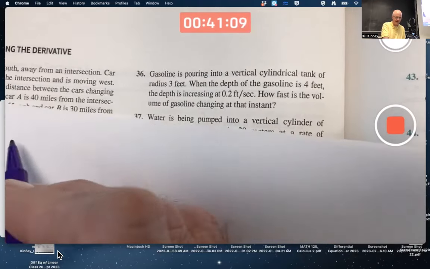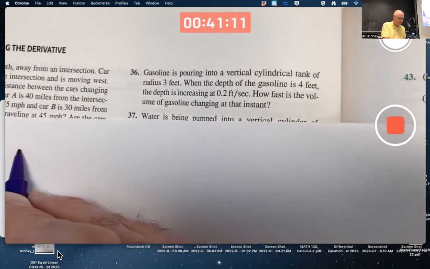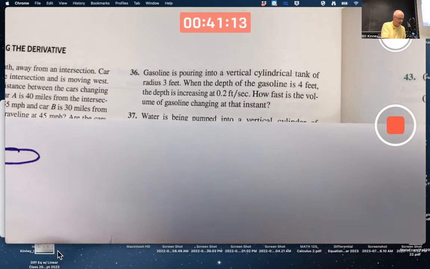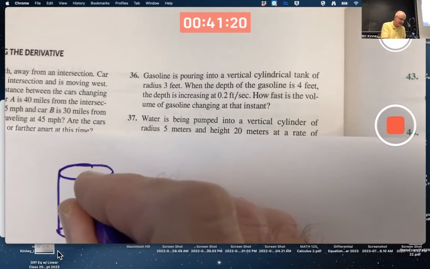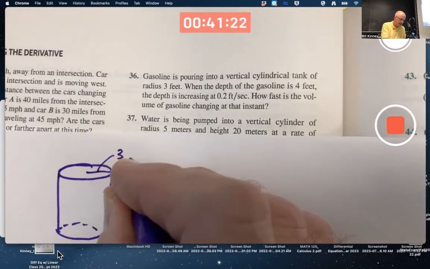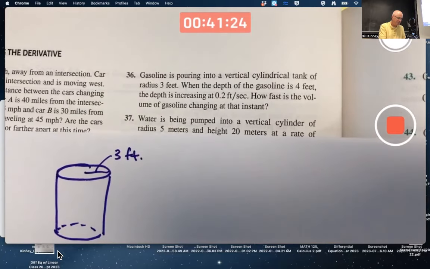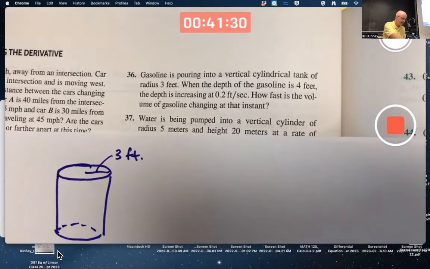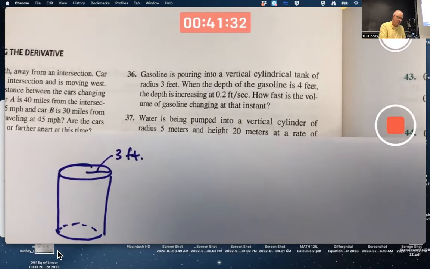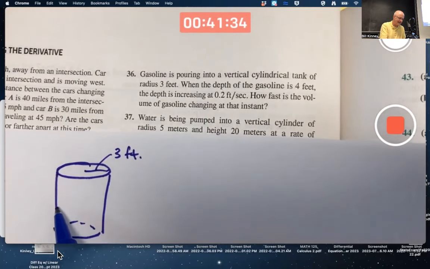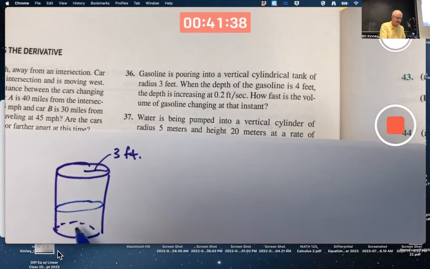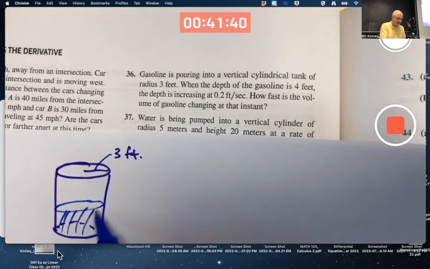So we've got a cylindrical tank shaped like a can. It's got a radius of 3 feet. It doesn't tell you the total height of the cylinder. It just says when the depth of the gas is 4 feet, at whatever moment in time that is, this is the gas here.